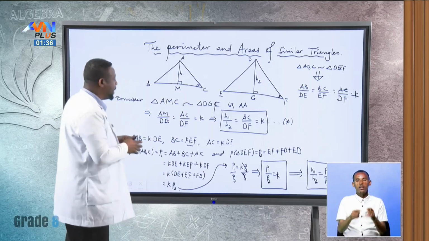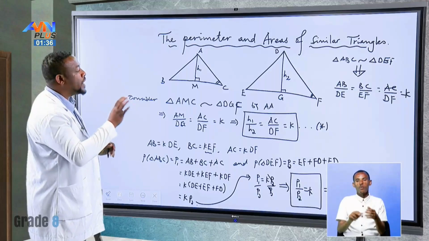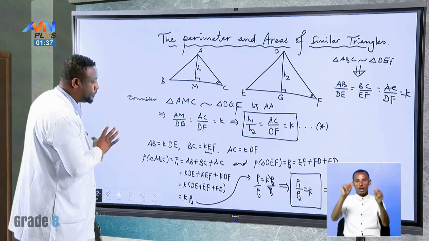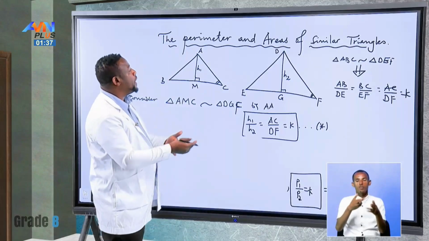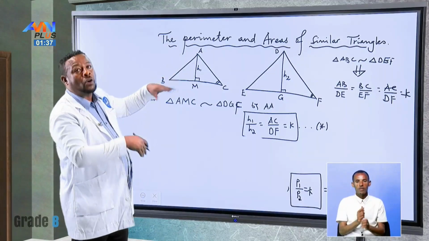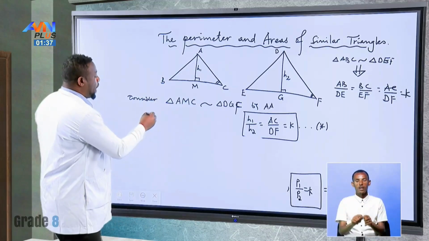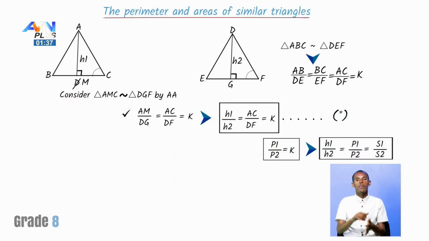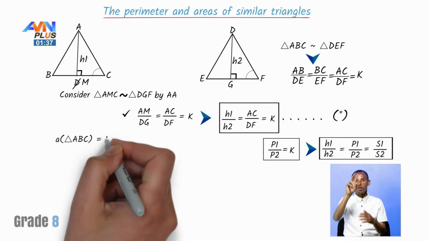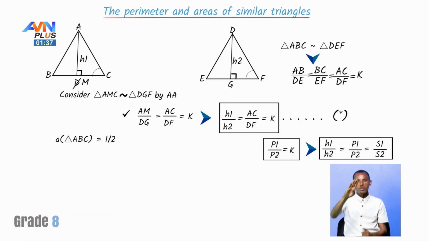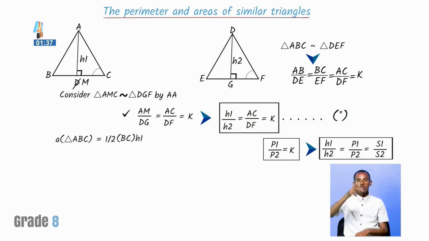So now let's see what the ratio of area of these two triangles looks like. Okay. Here we already have a certain relationship. Now let's determine the ratio of the areas of the two triangles. So you know that area of triangle ABC is half of the base BC times the altitude H1, right?